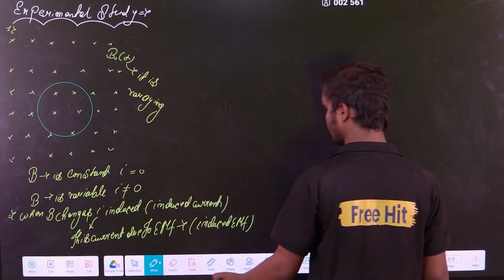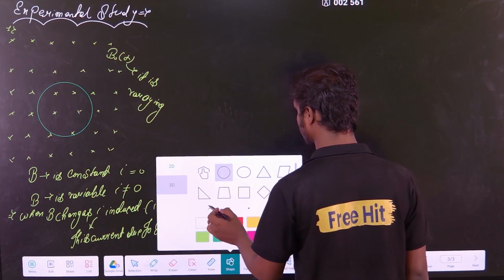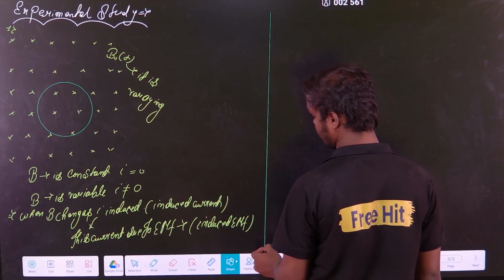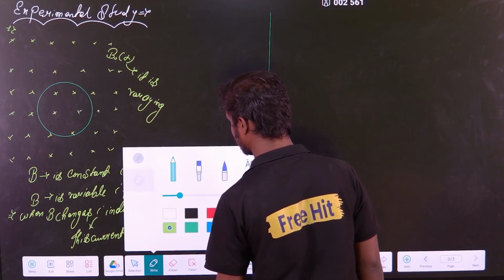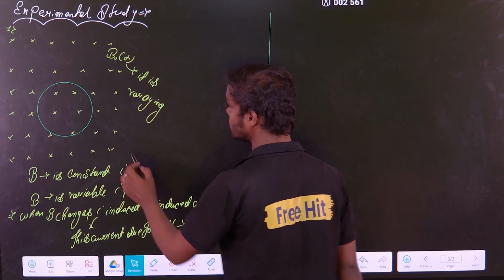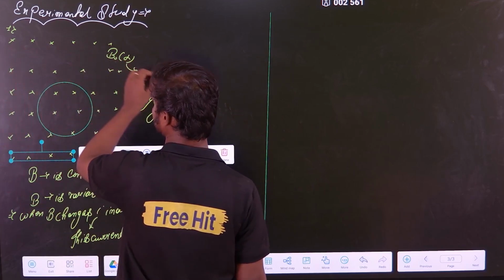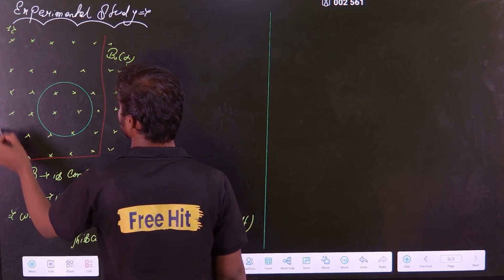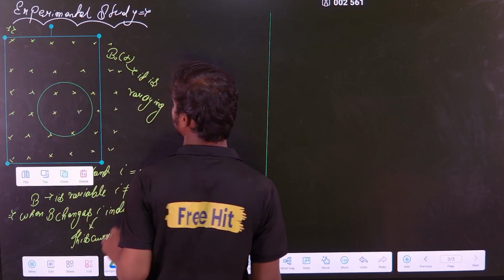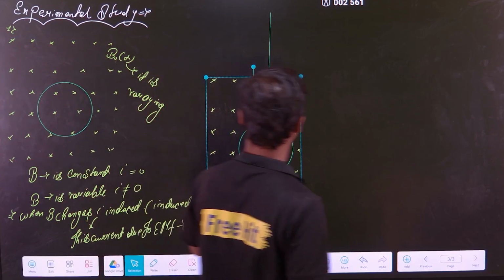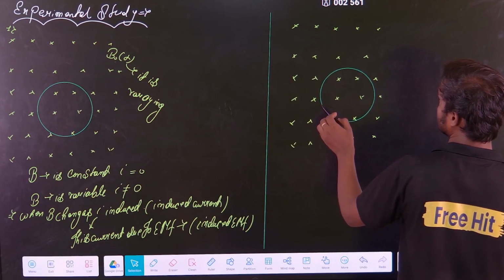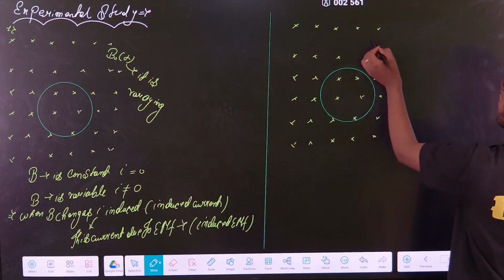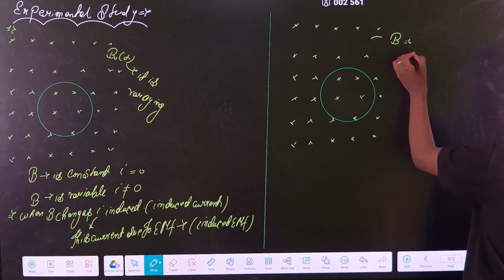Now after that they went for the second experiment. What is the second experiment they have done? In the second experiment they have taken the same thing, everything is the same, there are no changes there. Now what they have done is they keep B equal to constant.